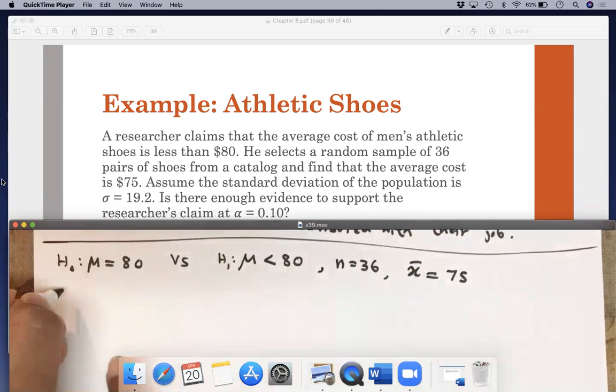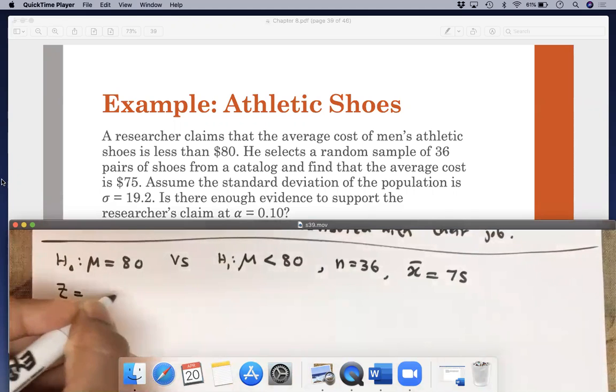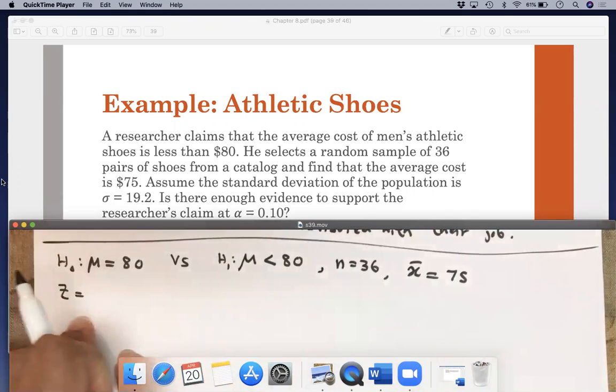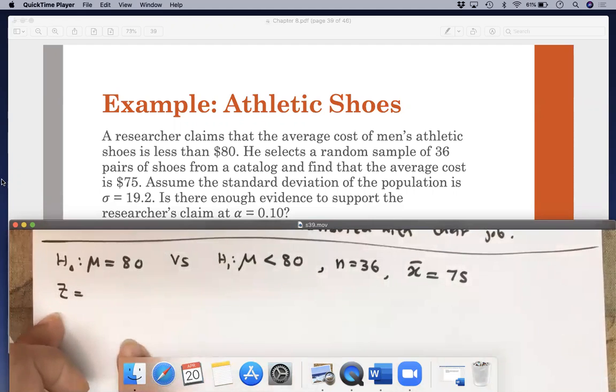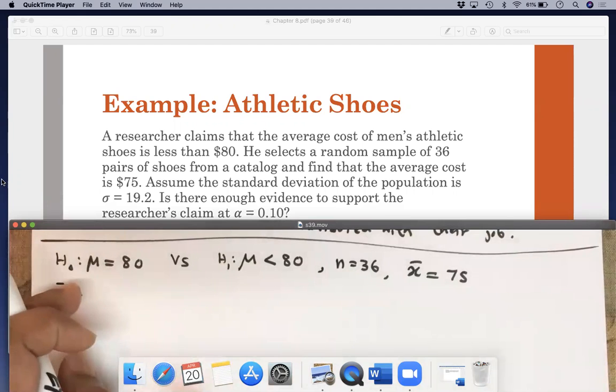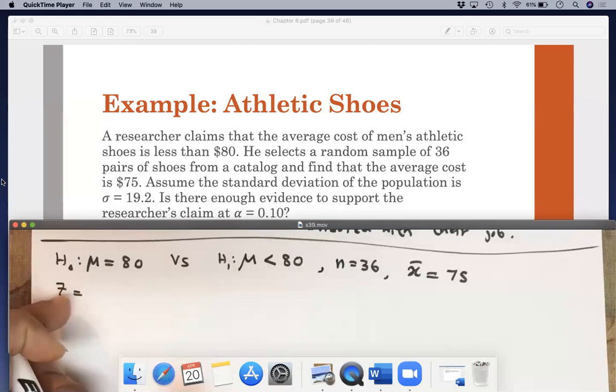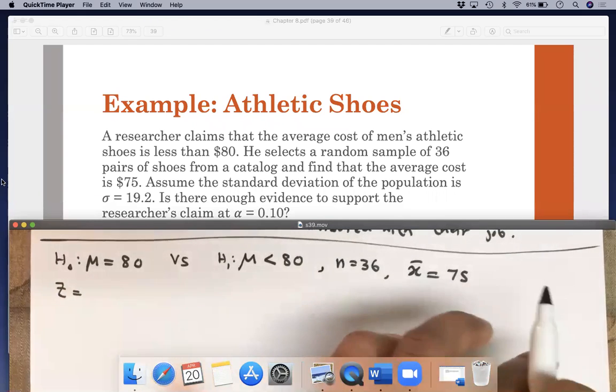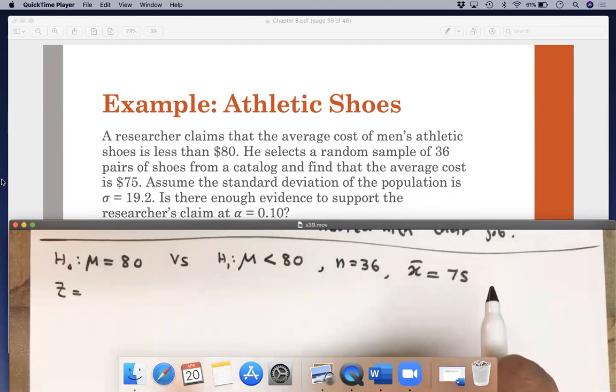First thing you have to find is the test statistic, not critical value. What is the formula for the test statistic? Before that, read the whole question.